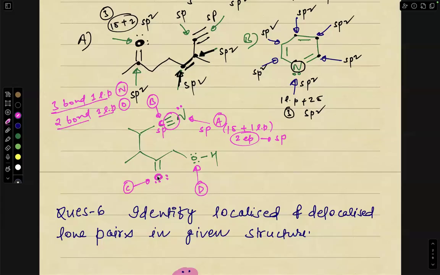So oxygen have 2 lone pair and 1 sigma, so total 3 electron pair. So 3 means sp2. What about this oxygen? Yes, 2 lone pair, 2 sigma, total 4 electron pair. So 4 electron pair means sp3. Make sense?